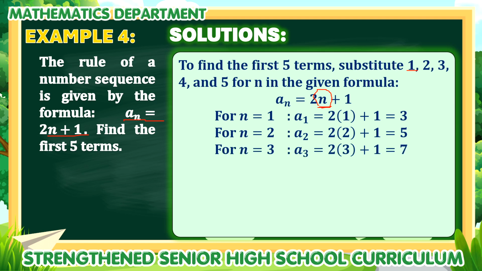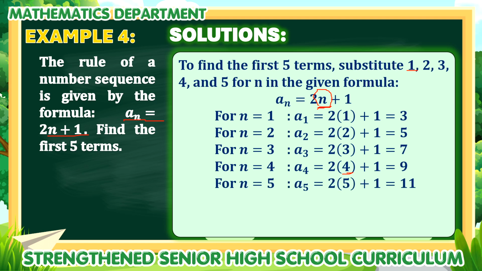For n equals 3, we follow the same procedure. We substitute our variable n with the given value, which is 3. Now we have 2 times 3 plus 1, and that gives us 7. For n equals 4, a sub 4 equals 2 times 4 plus 1 equals 9.